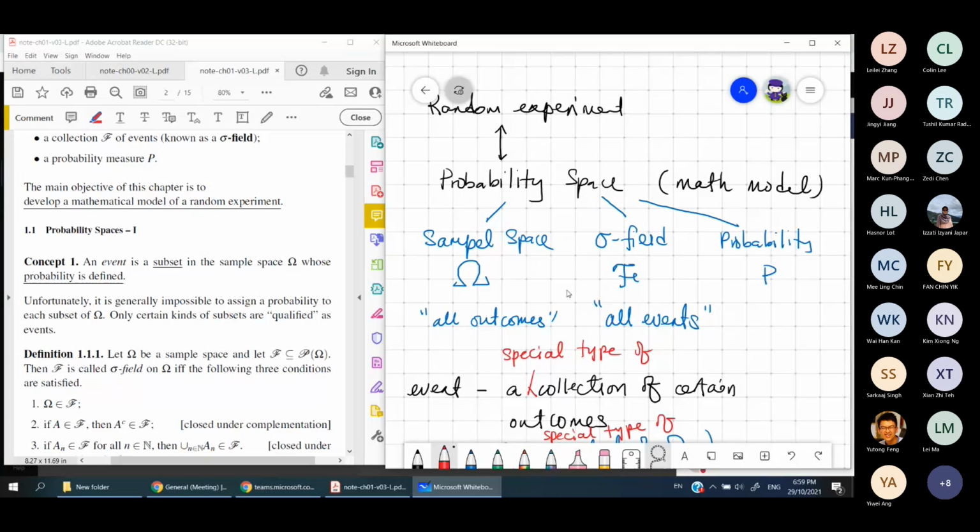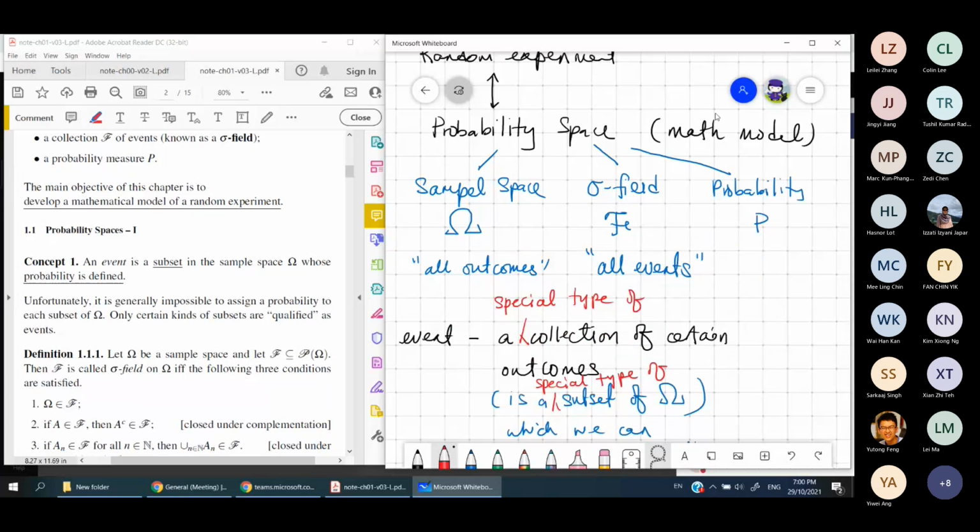If I go directly into very abstract discussion of mathematics, I'm worried most of you cannot follow. So I want to do it slowly like this. At least you know we have these three things. Later I'll explain the actual meaning of each; you have to fulfill certain mathematical criteria.